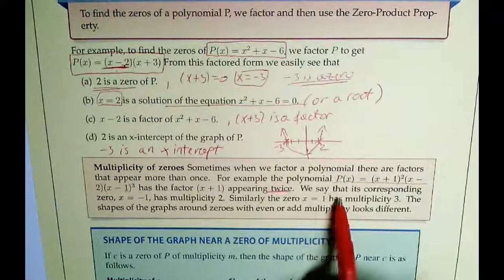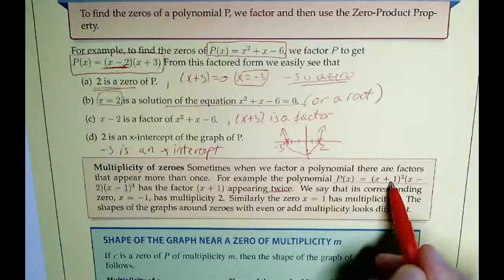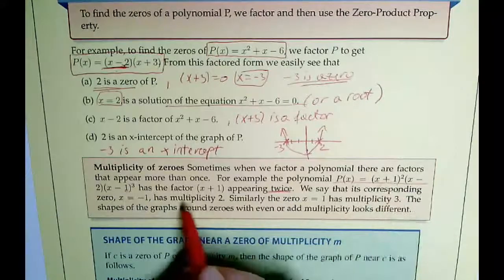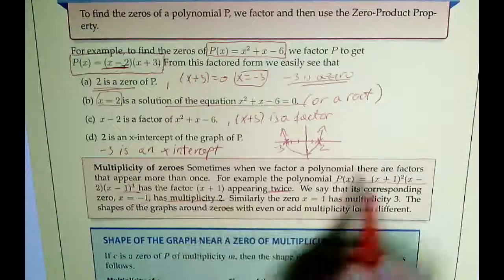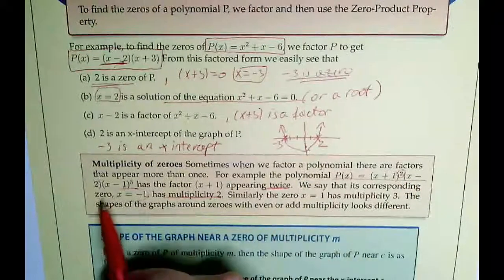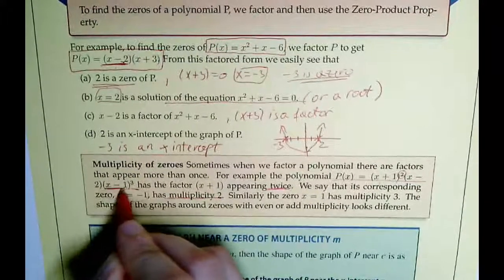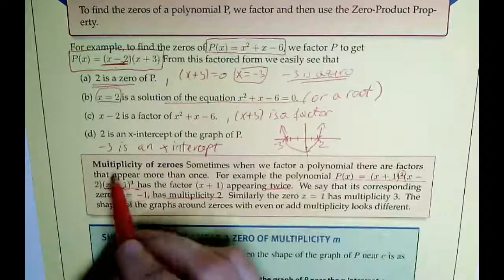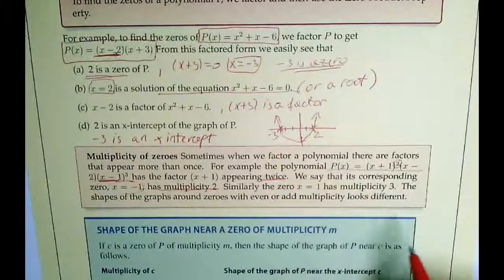So when that happens, we say that it's corresponding 0. So for the case of x plus 1, if x plus 1 is a factor, the 0, x equals -1, we say that it has multiplicity 2, because of this 2 right here. Similarly, the 0, x equals 1, from this factor right here has multiplicity 3 because the factor is raised to the 3rd power.